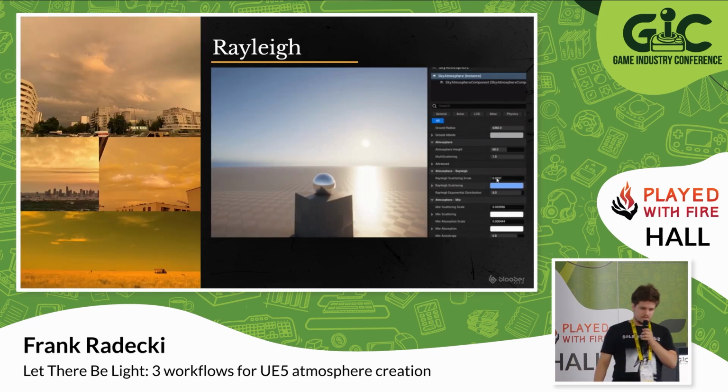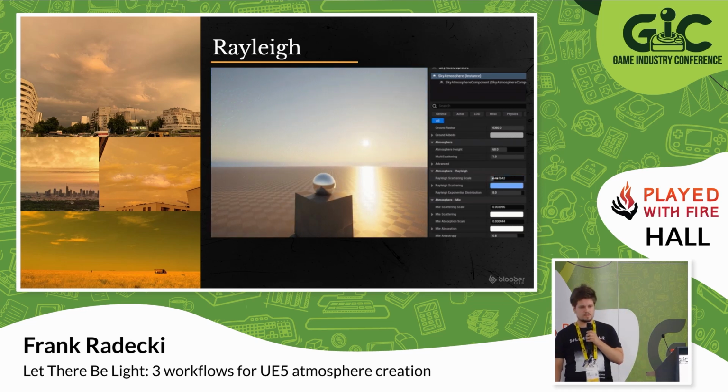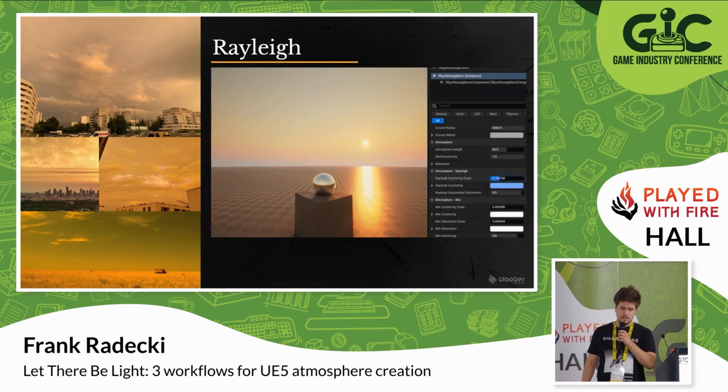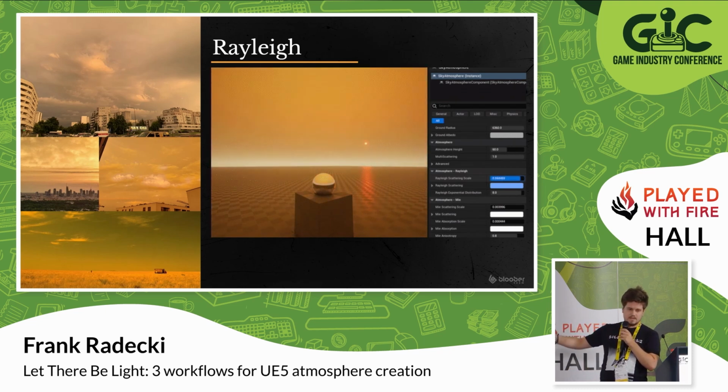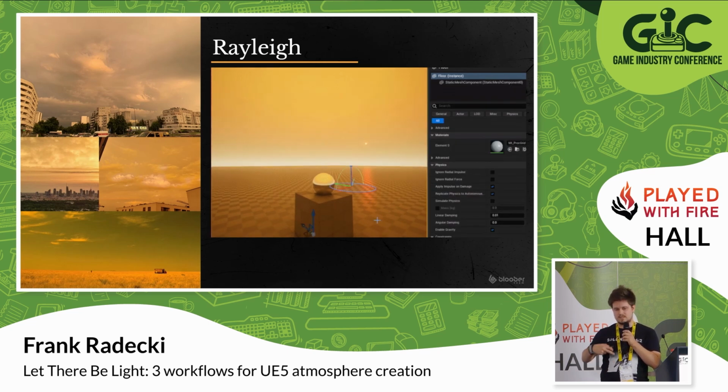So the first one, as I said, is rayleigh. Here you can see some effects, how it works with the scene. If we make the value higher, there are more gases, the gases are more dense in the atmosphere. So the sun needs to travel, of course, like theoretical light from the sun.